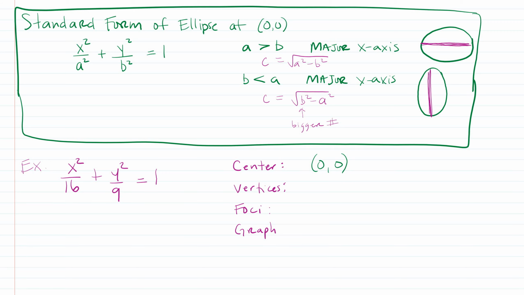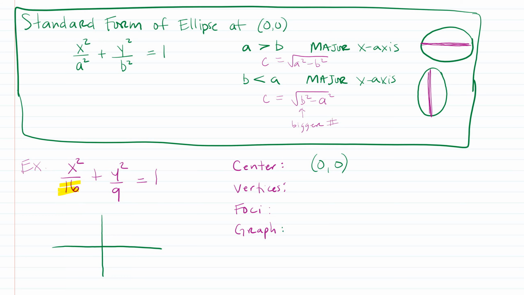Then for our vertices, foci, and graph, I'm going to work on the graph in order to get the rest of it. Here's my graph. Since this number is bigger, I'm going to be oriented along the x-axis, so I have a horizontal shaped ellipse.